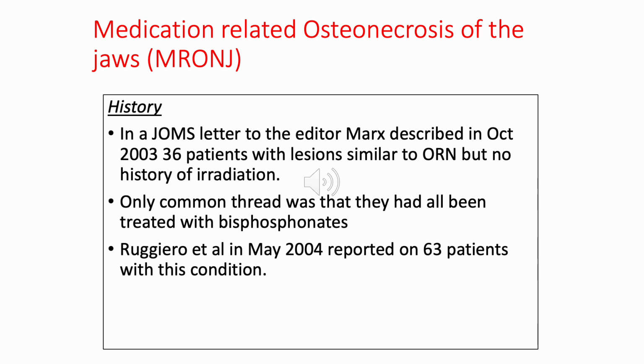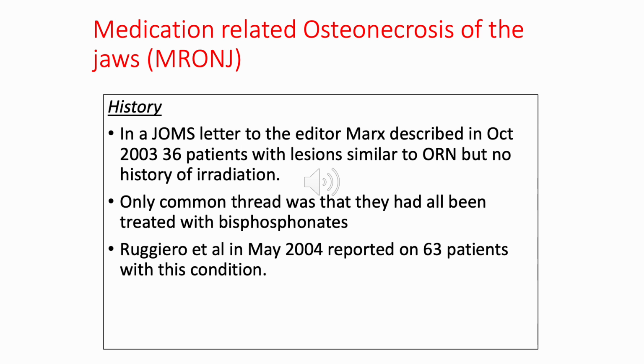It was first described back in 2003 by Marx after noticing necrotic bone in a series of patients that had never had radiation, which, if they had had radiation, they would typically call osteoradionecrosis. These are patients that had never had radiation but still had necrotic alveolar bone.